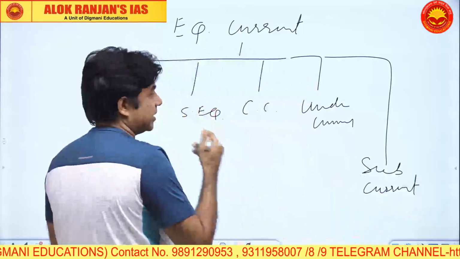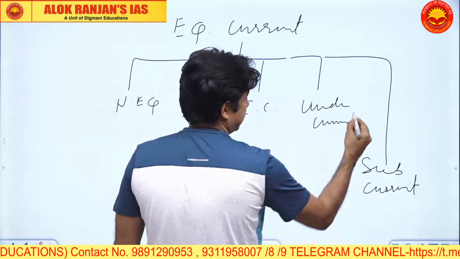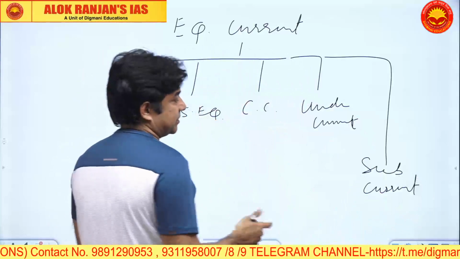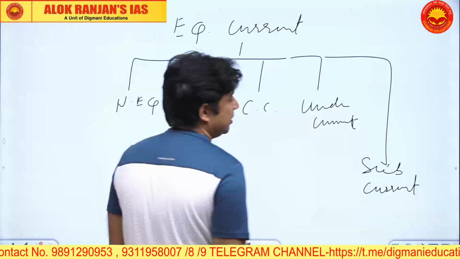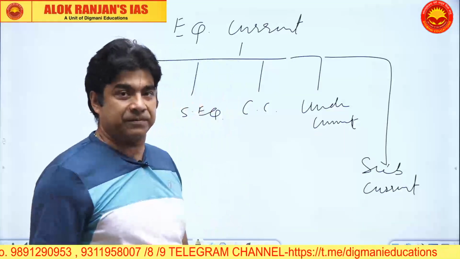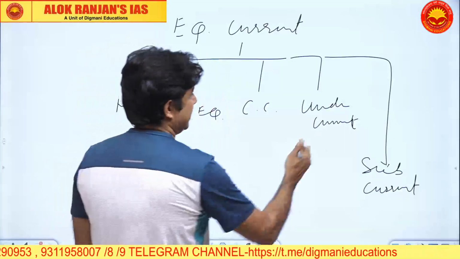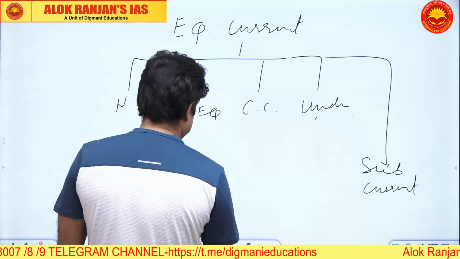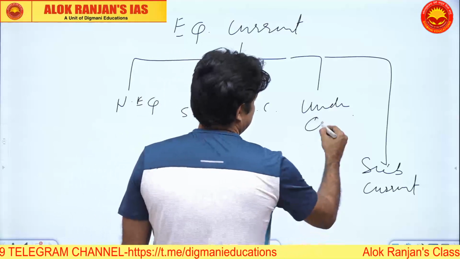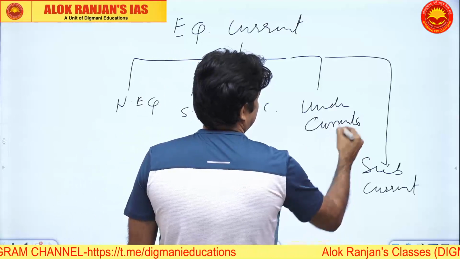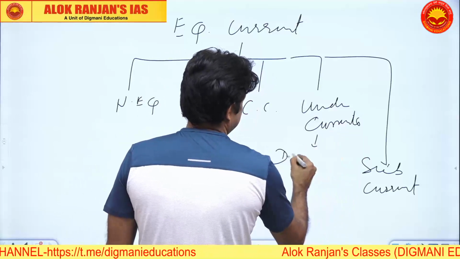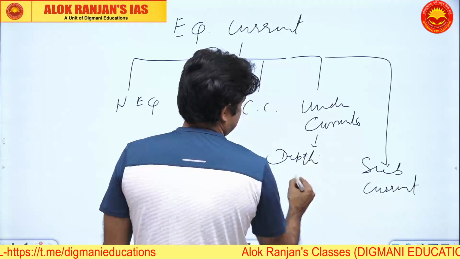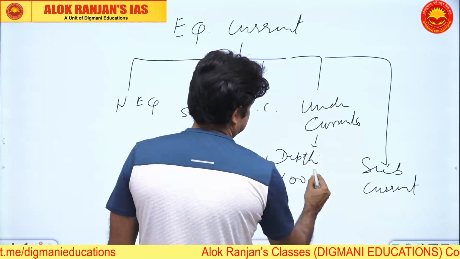Undercurrent and subcurrent have a slight difference. The size of subcurrents is small and they are found at shallow depth, not great depth. Undercurrents will be at greater depth, roughly 600 fathoms.